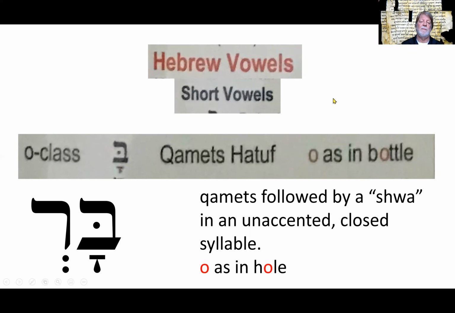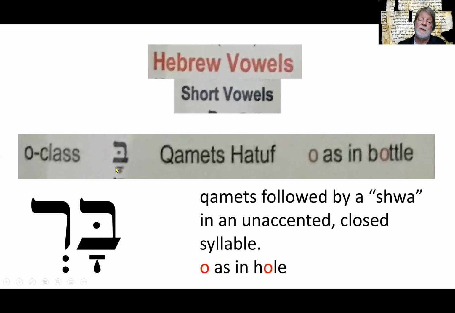The next vowel that we're going to learn is also in the short vowel category. It is an O class vowel, and it looks like a kamats. Now, I pointed this out when we looked at the 2 charts, that this could be just a kamats, or it could be a kamats hatuf, a quickened kamats sound.